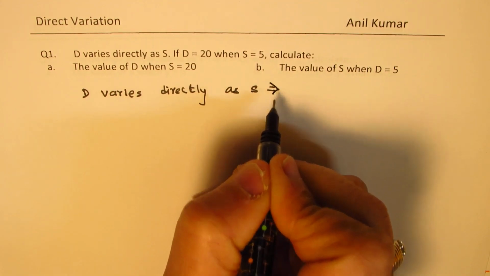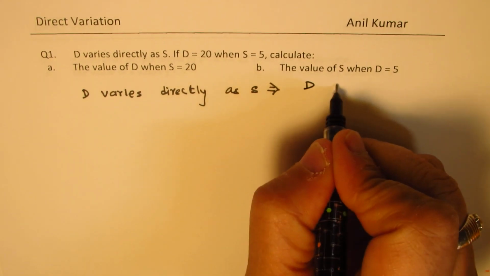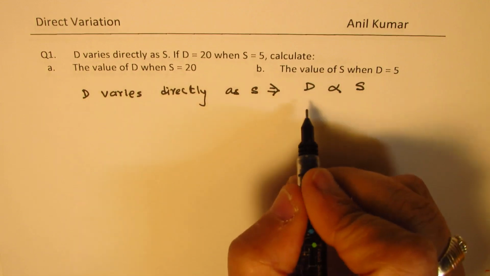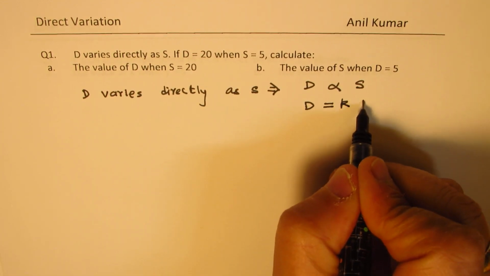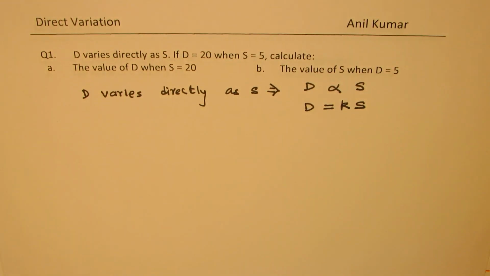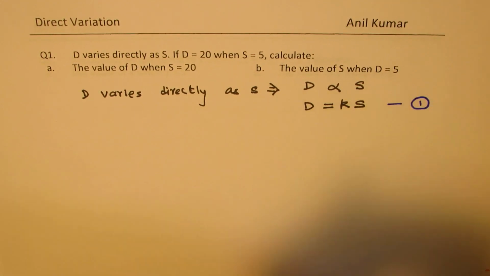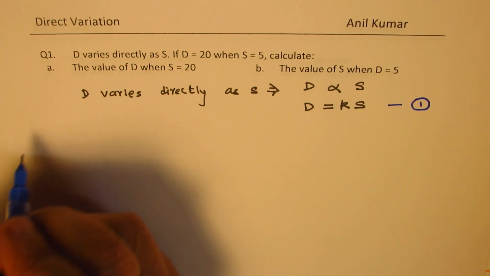That implies that d is proportional to s. Whenever we have proportional to, we can write this as d equals some constant k times s. Does it make sense? That becomes our equation number 1, and we're going to use this equation to solve the problem. So let's now answer part A.